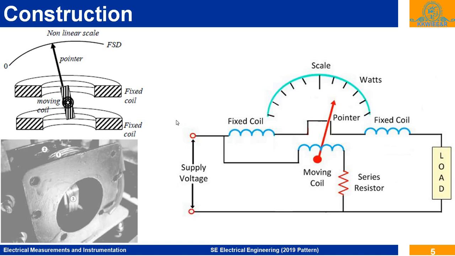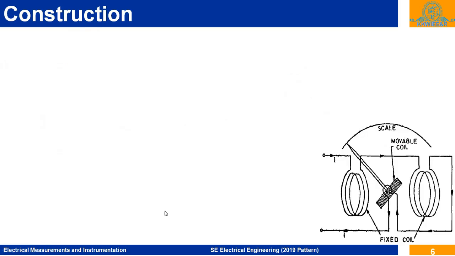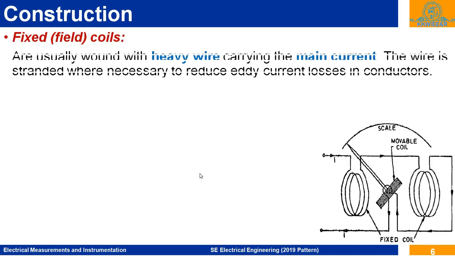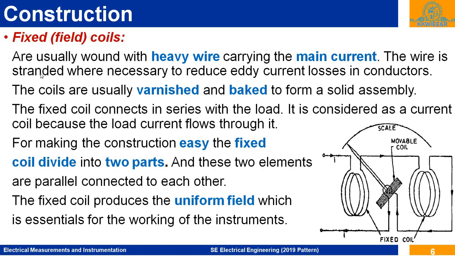So there is a fixed coil divided into two parts, moving coil, moving system, pointer, and scale. These are the parts of the electrodynamometer type wattmeter. Now we'll see them one by one. Fixed coil, or it is also called a field coil.